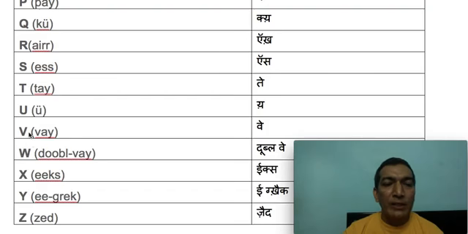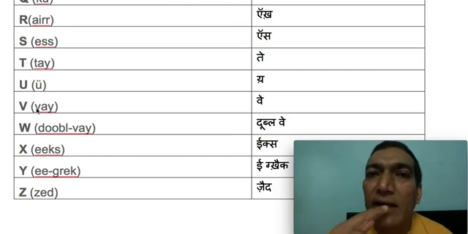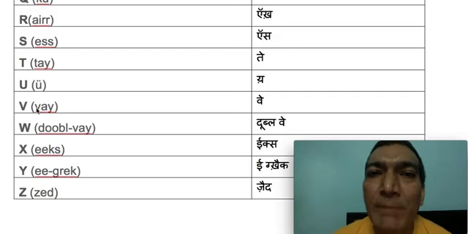V and W. W in English we call double U. In French it is not double U but double V, we can say in translation. The pronunciation of these two letters is different. V is pronounced with the teeth and the lip, as you can see my lip with the teeth.